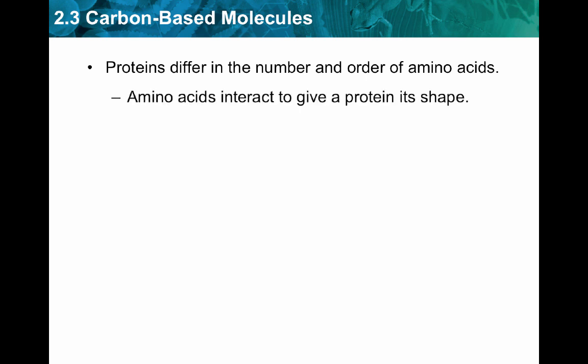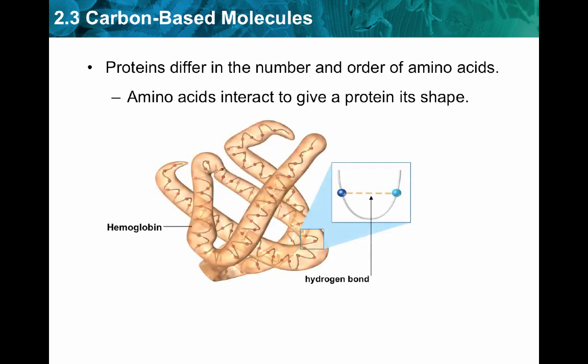Again, proteins vary by the number and order of amino acids. When those amino acids get linked up in a chain, they interact differently, and their interactions create the different shapes that proteins take. The shape of a protein is super important to what it does, and the shape dictates the function.